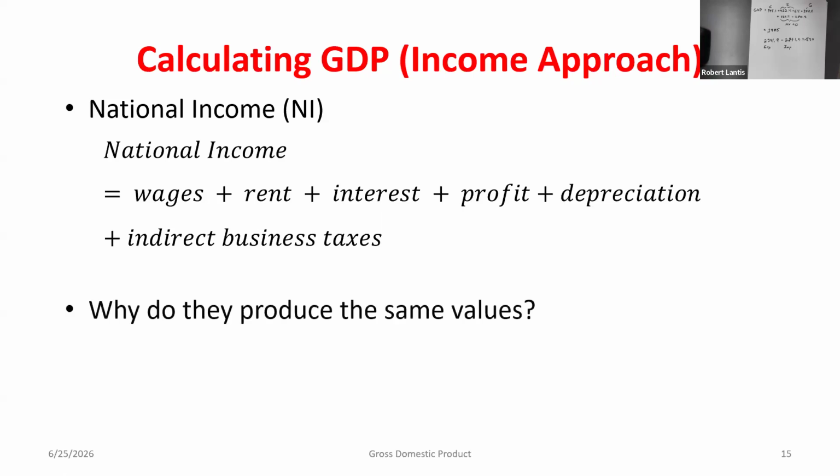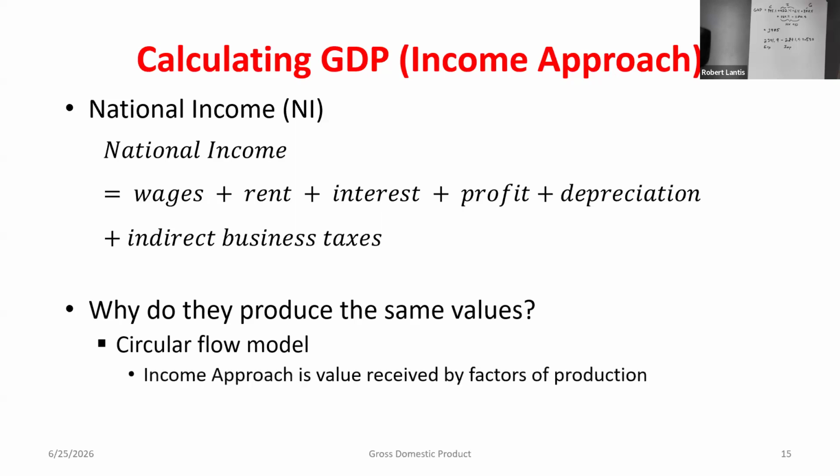So why would they produce the same values as our expenditure approach? Going all the way back to the circular flow of our economy, anytime someone spends something, there's an expenditure, and somebody else is receiving that money or making income. So it doesn't matter which of these we use, we should have the exact same value.